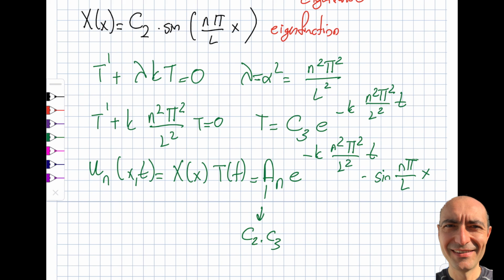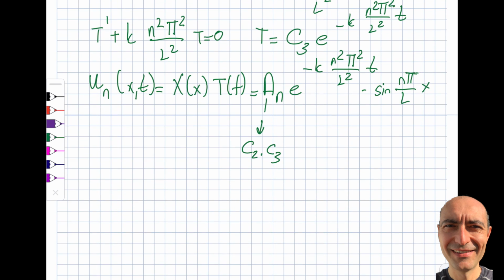I will go ahead and use my superposition principle. The superposition principle says that if I have my u_n given like that, my entire u will be the summation from n equal to 1 to infinity of these individual terms.